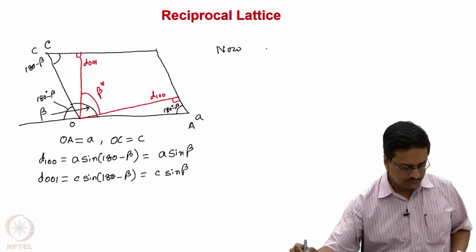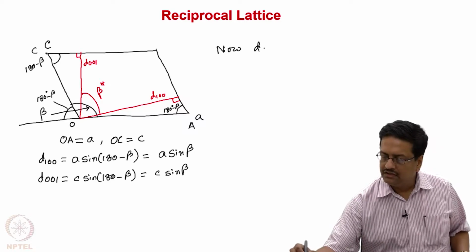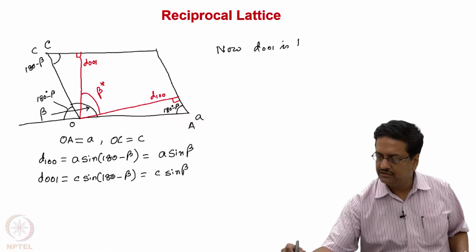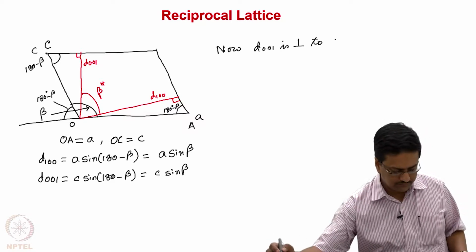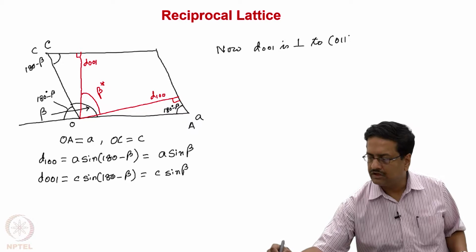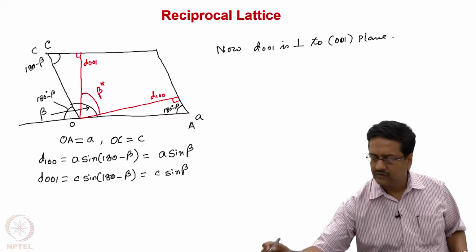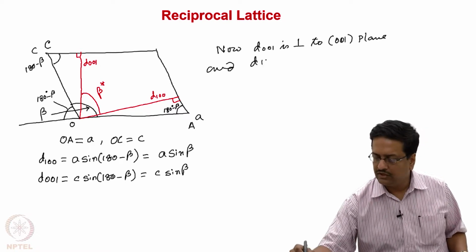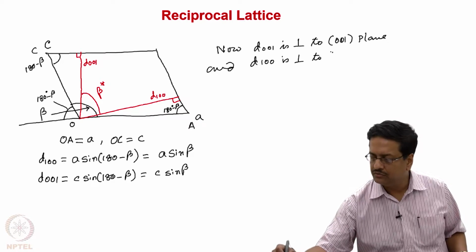Now D001 is perpendicular to the 001 plane and D100 is perpendicular to the 100 plane.